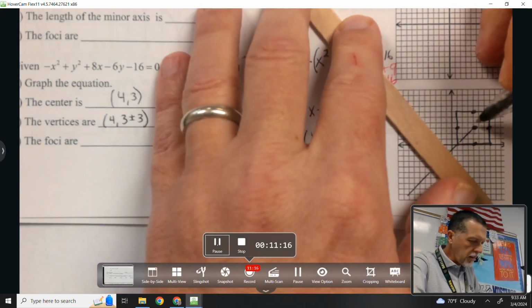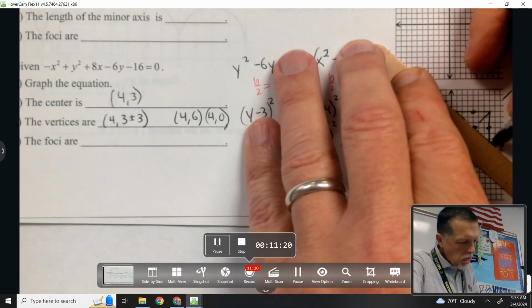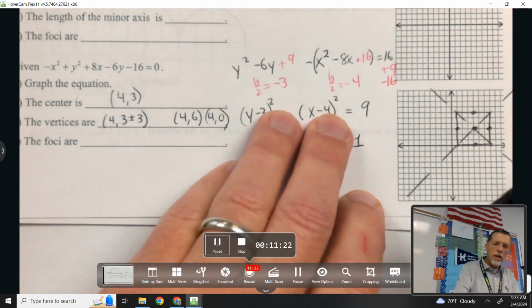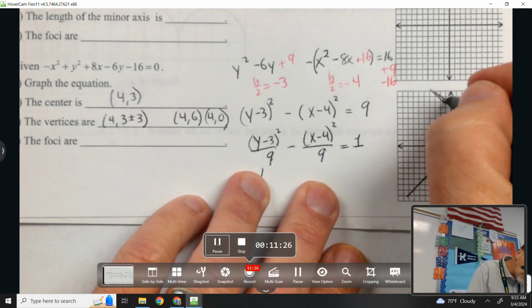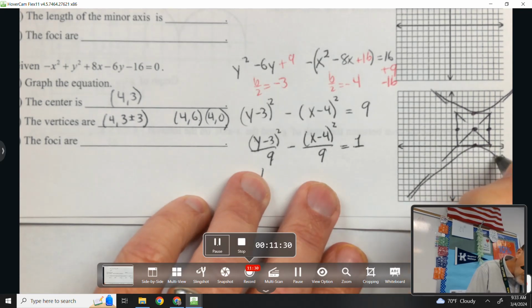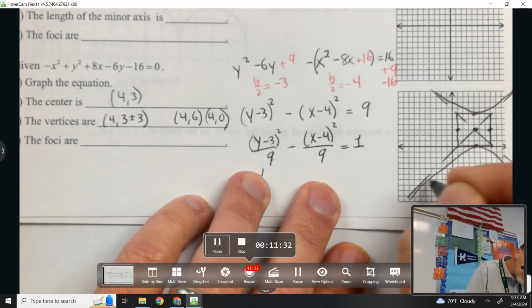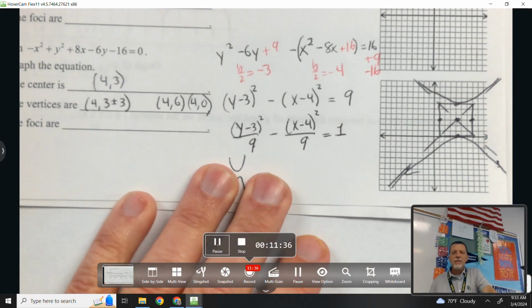Box and the asymptotes. We said this was an up and down, so I can sketch in the up piece, the down piece. It's not the best hyperbola I've ever drawn, but good enough.